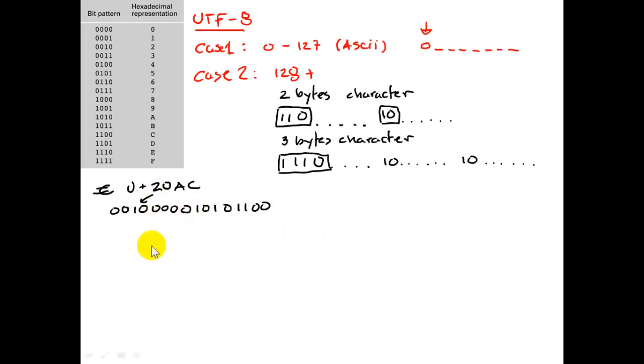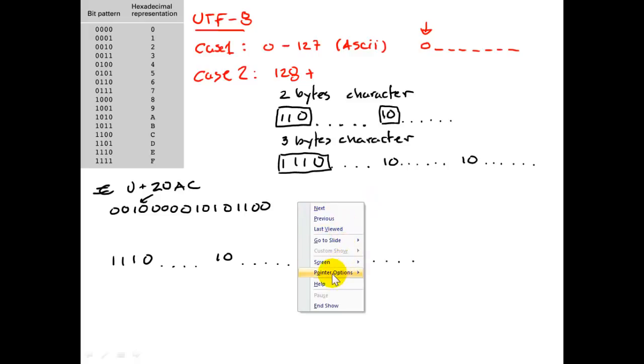So the first thing that will be needed is to place your structural bits right here. We'll need 3 bytes followed by a 0, and 1, 2, 3, 4 data bits. We'll have a second byte with 6 data bits right here, and finally a third byte with 6 more data bits.